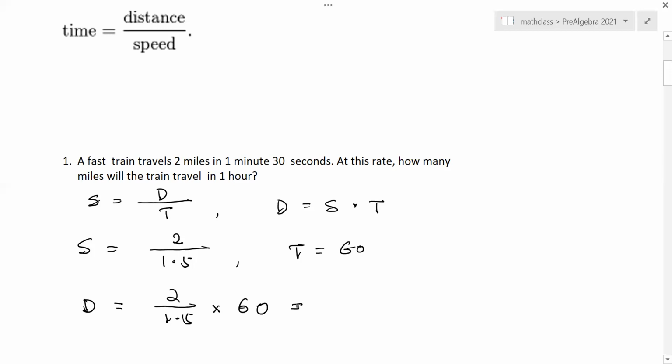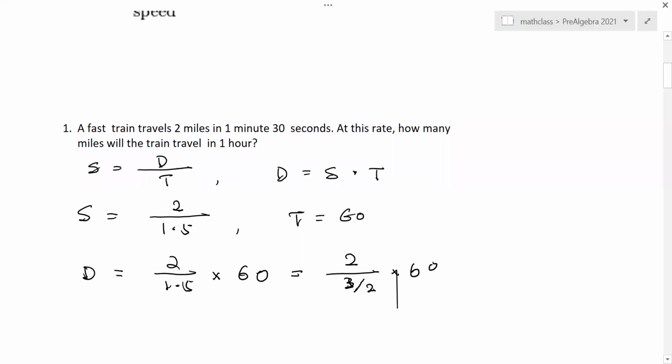You can do it by hand, you do the multiplication. 1.5 is going to be 3/2 times 60.